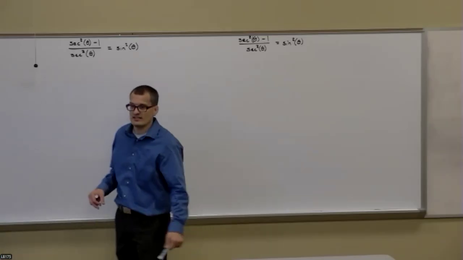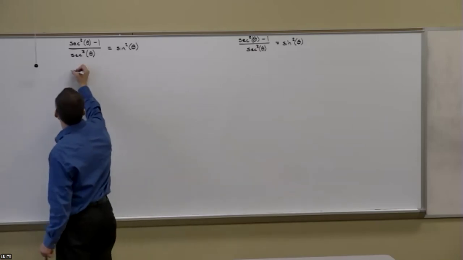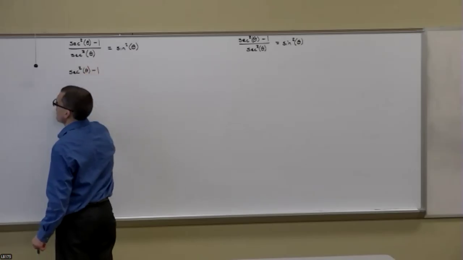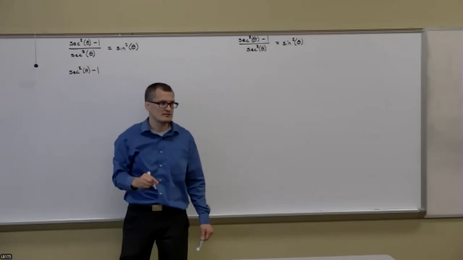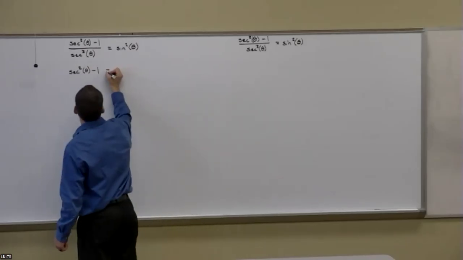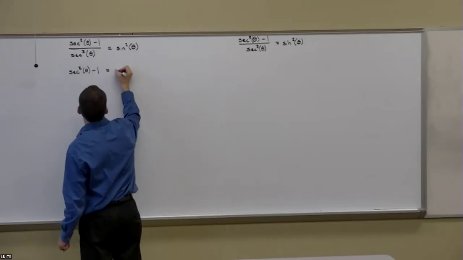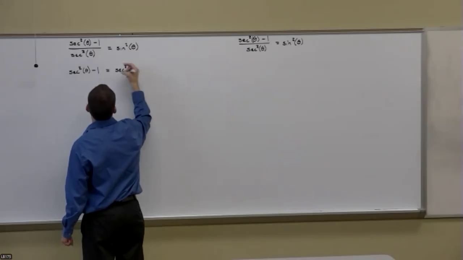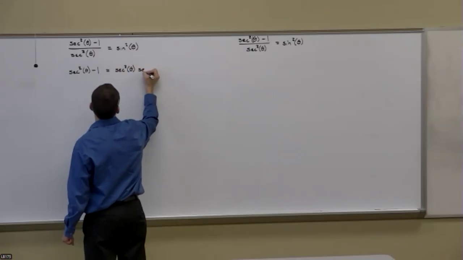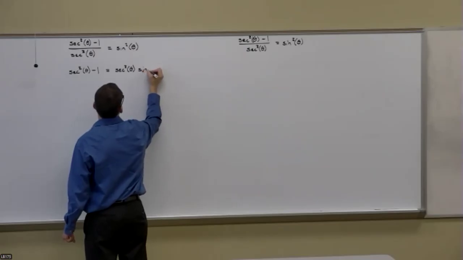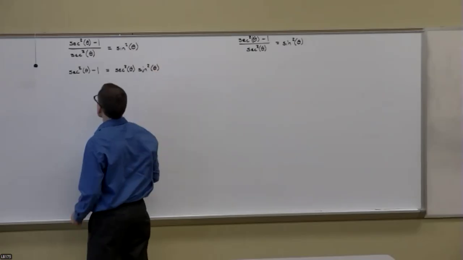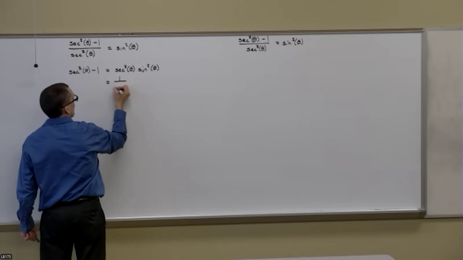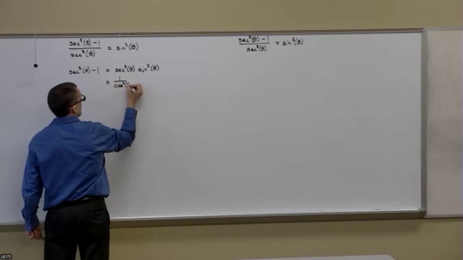Another thing we could have done is kind of a combination of what we did in the previous one, with multiplying both sides by secant squared. So if I multiply both sides by secant squared, secant squared is 1 over cosine squared of theta.